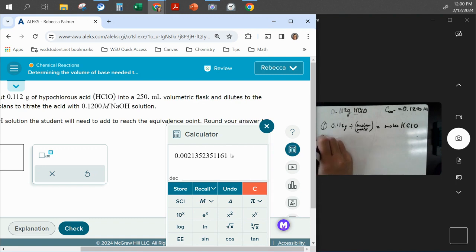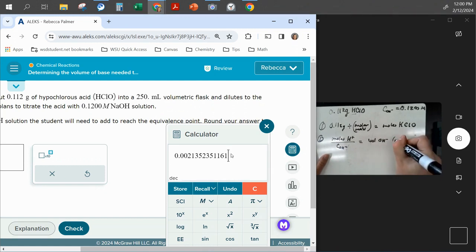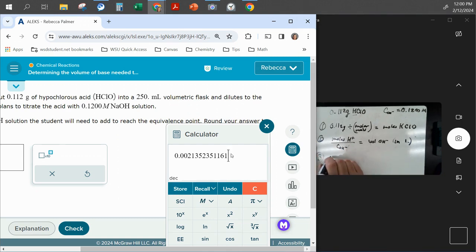The next thing I'm going to do is use this equation: moles of acid, or moles of H+, divided by the concentration of OH gives me the volume of base that we need to add. But remember, this is in liters. So what we need to do is take our volume in liters and multiply by 1,000 so that it's in milliliters.